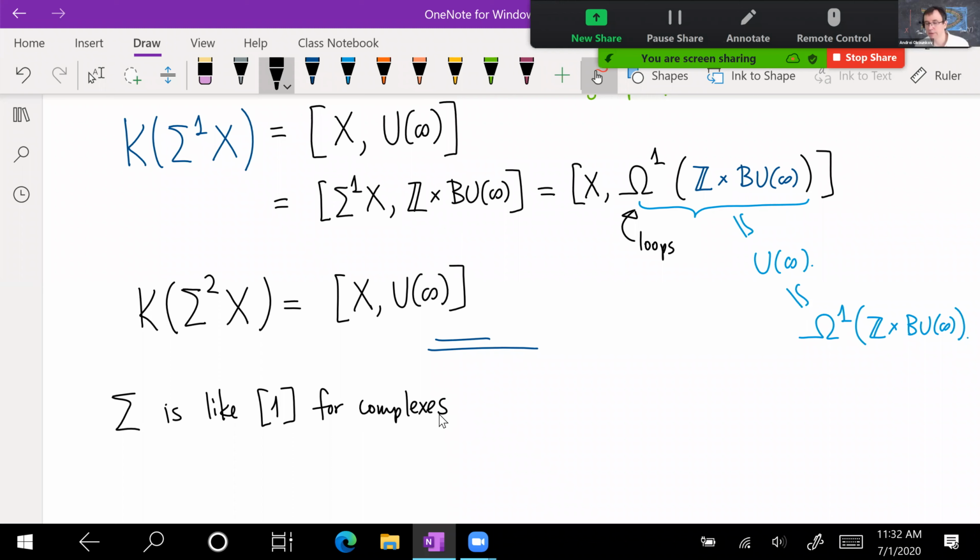Certainly, if you want a cohomology of suspension, that's one of the axioms for a cohomology theory, that the cohomology of a suspension is a shift by one.